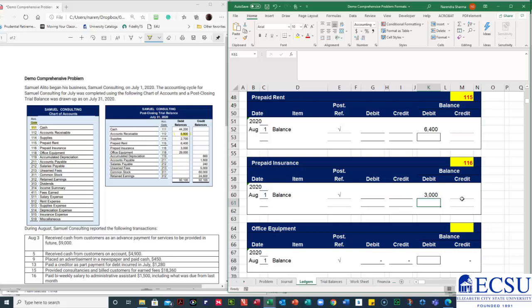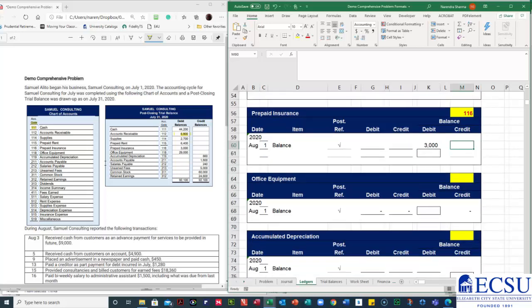And then next is office equipment. Office equipment is, of course, 118, and the balance was given to you as 29,000.